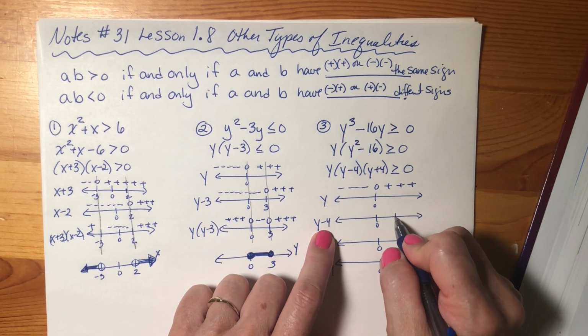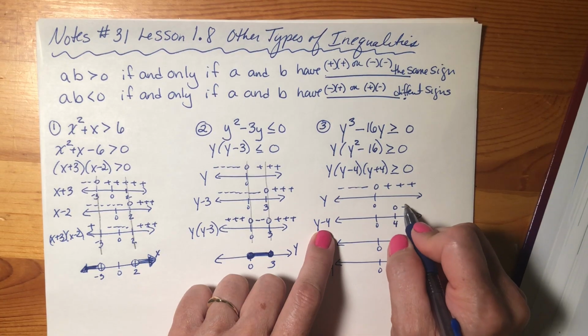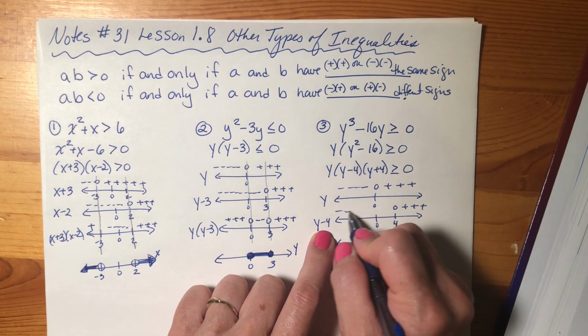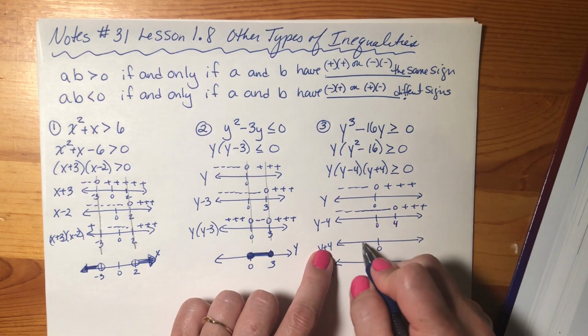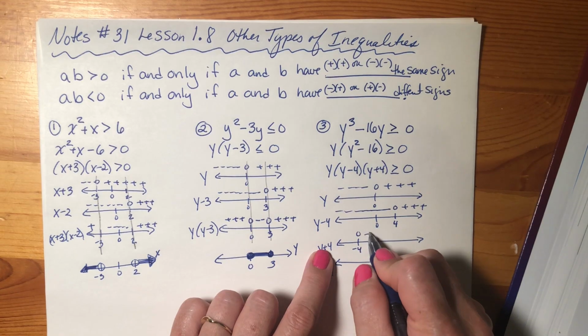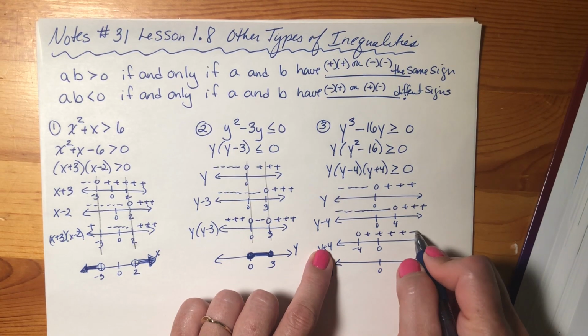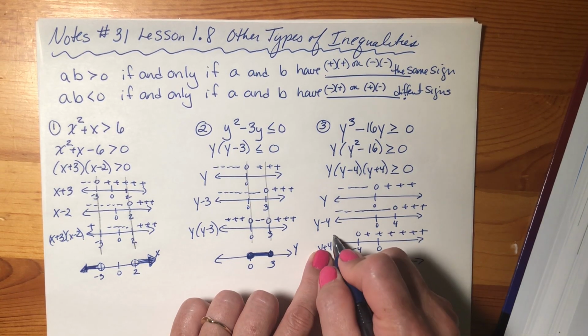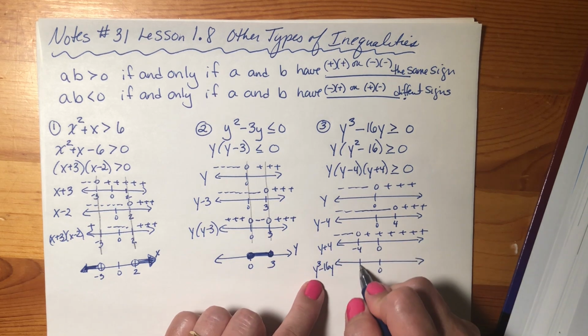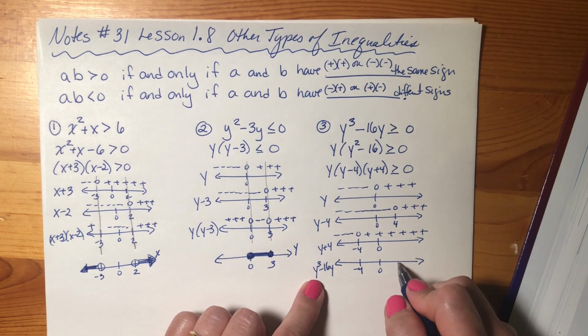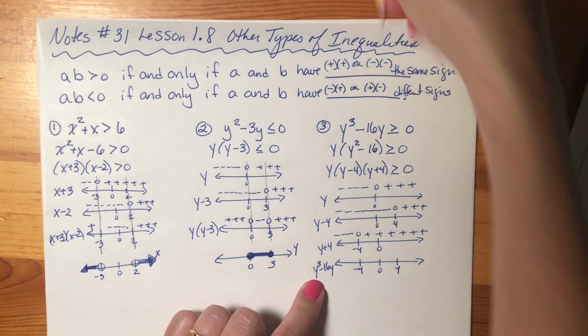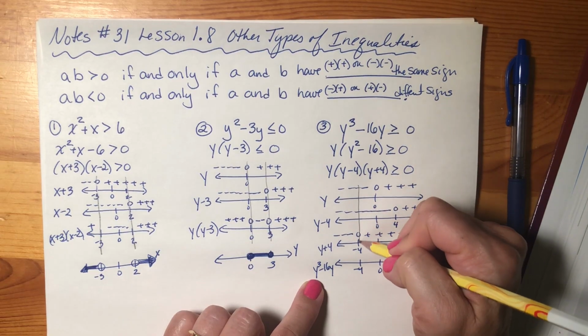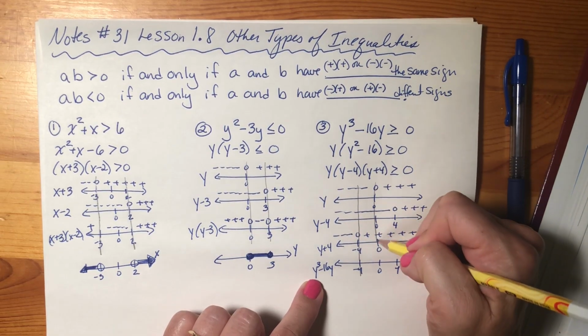Here, this would be 4. Positive to the right, negative to the left. This would be negative 4. Positive to the right. So far, we haven't done anything difficult, have we? It's just a matter of keeping this neat. Negative 4, 0, and 4. I'm going to break my graph into all of the different sections, keeping it nice and neat.